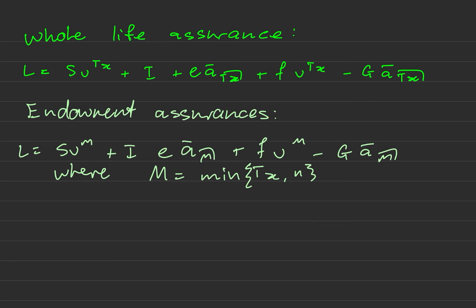Now, I said that if death benefits were payable at the end of year of death, I would have replaced Tx in these two formulas, and for those terms I'll replace the Tx with Kx plus 1. Why do I do that?